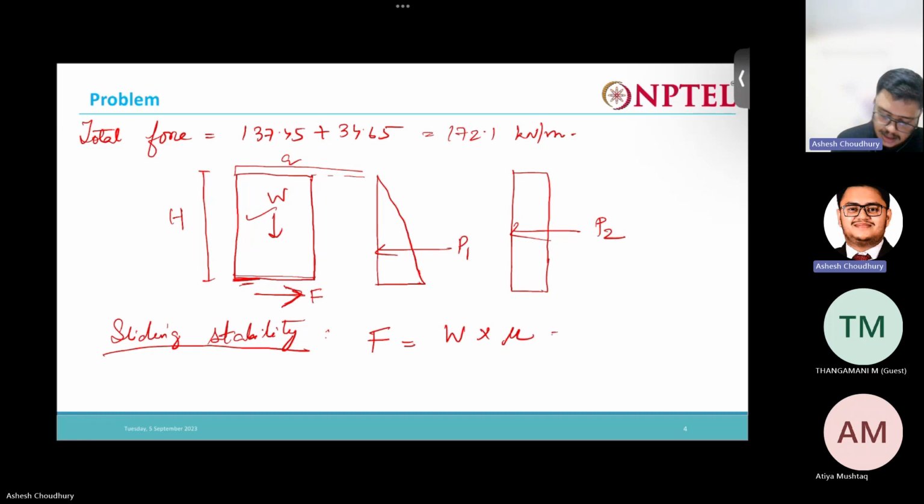Now what is the weight? Weight is gamma R into H into L. What is L? This is L, the length. Gamma R is the unit weight of the reinforced soil mass. So this weight W times the frictional coefficient, which is tan delta, and this delta is known to us.